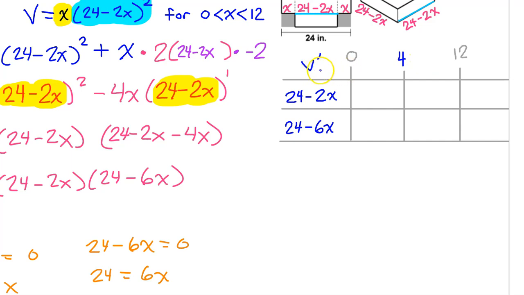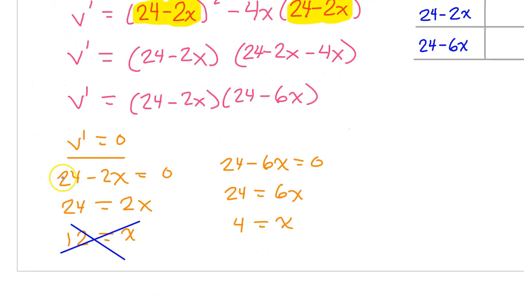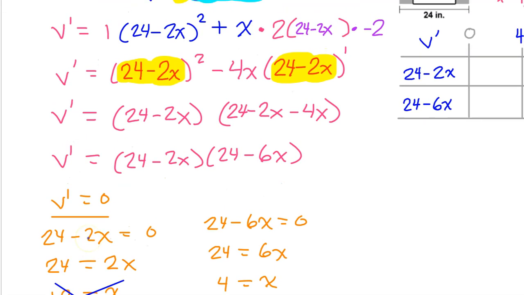Set up your v prime sign chart, including the endpoints of your domain, the 1 critical value, and a row for every factor of v prime. Make sure to label your sign chart as v prime. We need to determine whether these factors are positive or negative in each interval. Remember that 24 minus 2x is equal to 0 at x equals 12.